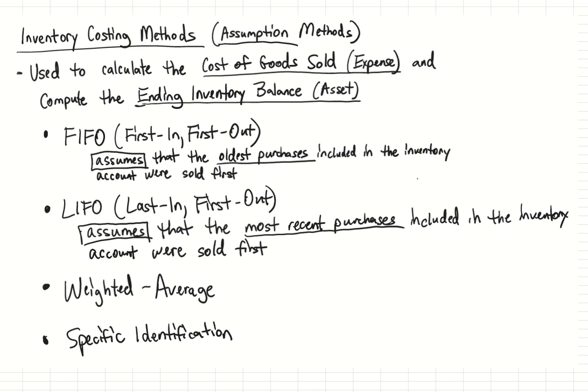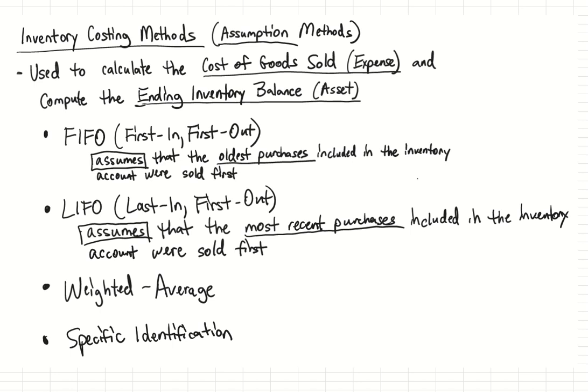You're specifically identifying the cost of an item that you sold. You are taking the item and individually attaching that cost to that item. So once that item is sold, let's say for $10,000, you already know what that cost is going to be on that specific item.